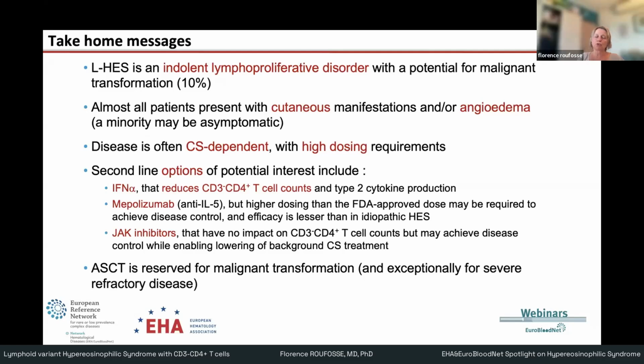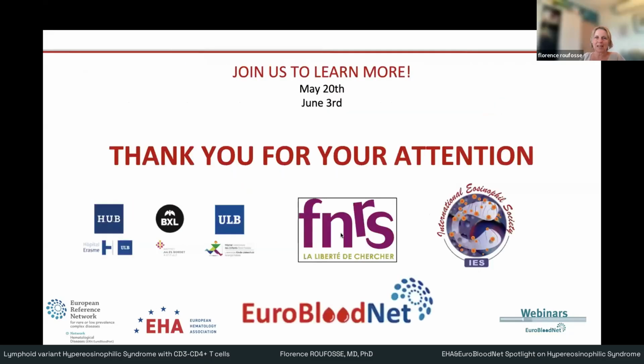This is something which should mostly be reserved for patients with malignant transformation, because there have been case reports of patients who have been transplanted while they still had their indolent disease, which was not considered malignant, and they have died of the procedure. So that's really very unfortunate. Perhaps in some cases with really severe disease with severe clinical manifestations, refractory to all treatment options, this could be an ultimate treatment option, but it certainly is not ideal.